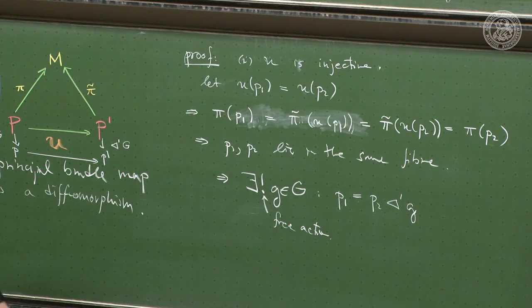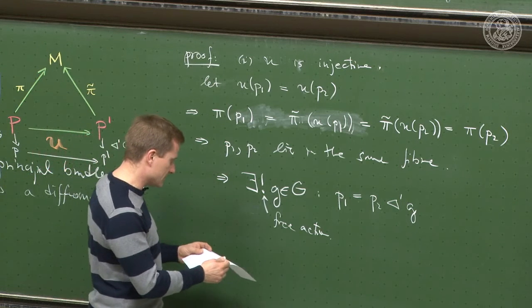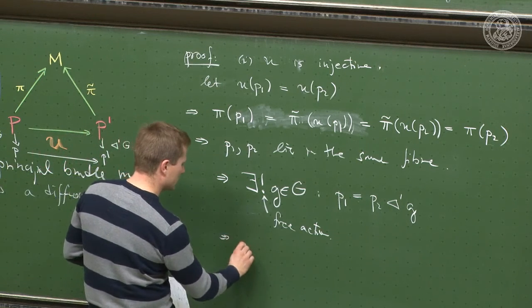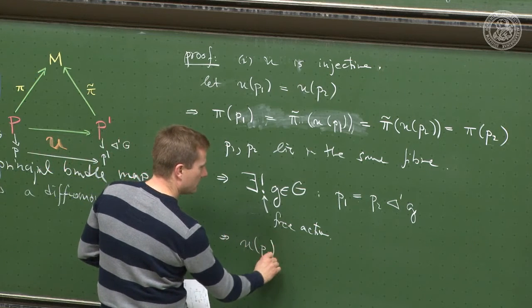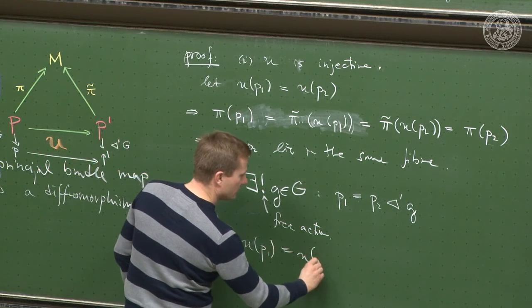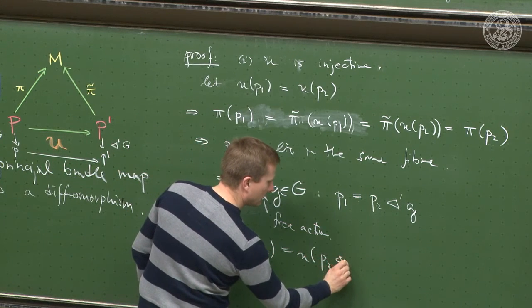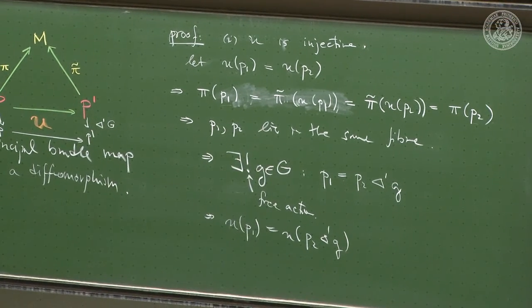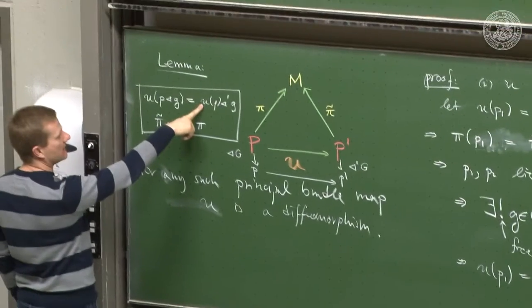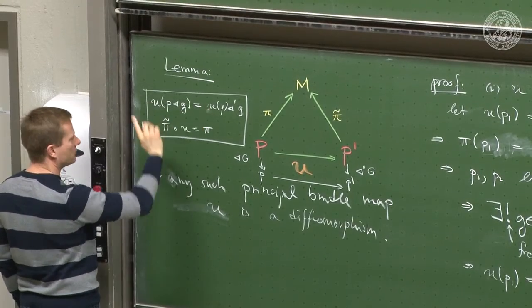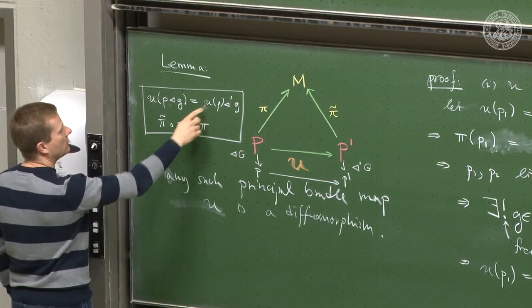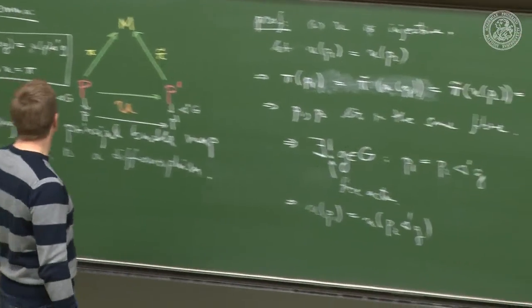Otherwise, this wouldn't be the case. Okay, so this is this thing. But then you have that U of P1 is, of course, U of P2 with this action on it. But now we refer to the equivariance property of the principal bundle map. This was just the bundle map, but now we use this principal bundle map.